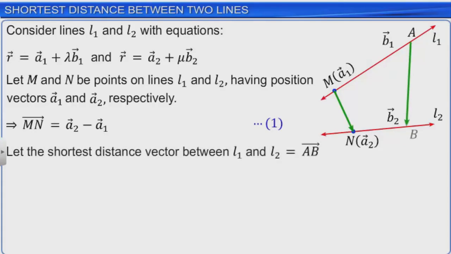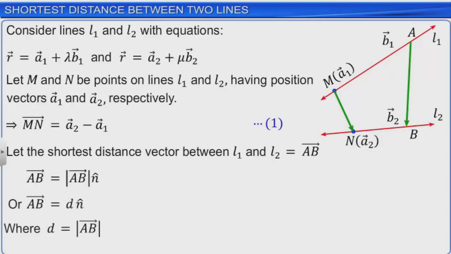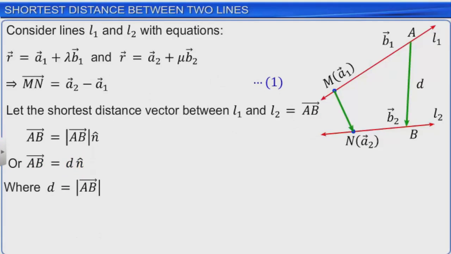Let vector AB represent the shortest distance vector between lines L1 and L2. Let the shortest distance between lines L1 and L2, or the magnitude of vector AB, be d. Thus vector AB is equal to d into unit vector n in the direction of vector AB. By definition, vector AB is perpendicular to both lines L1 and L2.